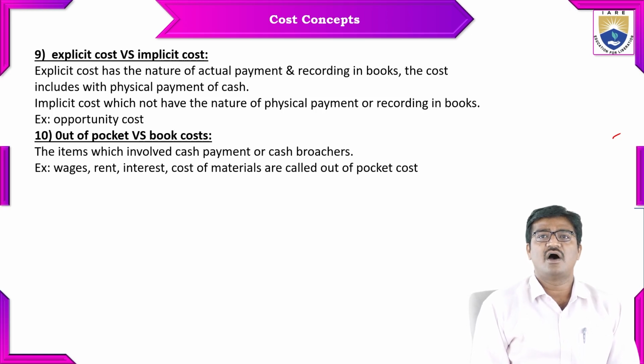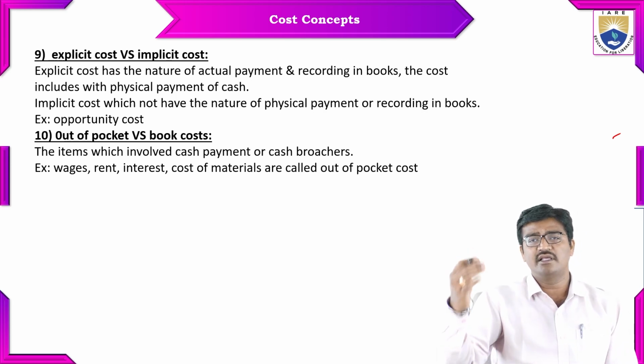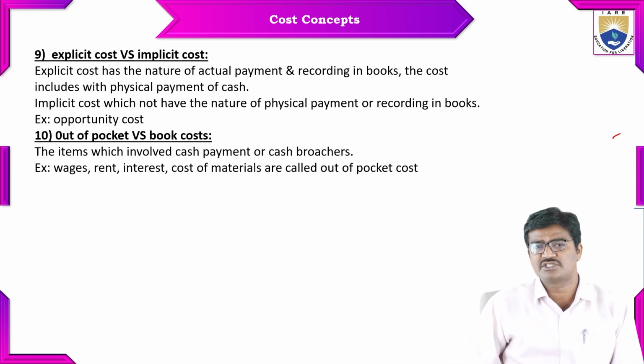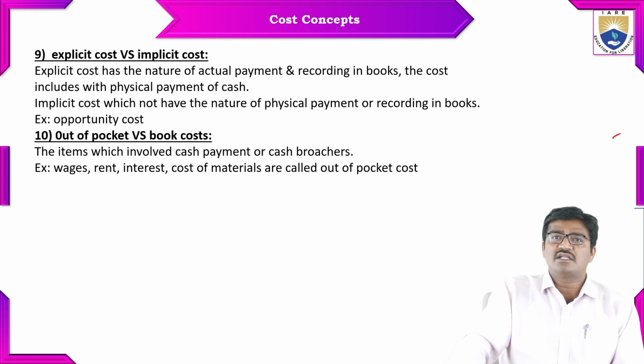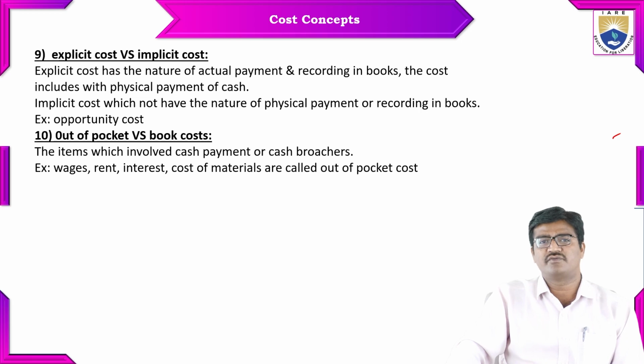And next one, out of pocket cost versus book cost. Here there is some relationship between the above heading and the below heading. Explicit costs have both physical payment and entry in books of records; both features are a must.